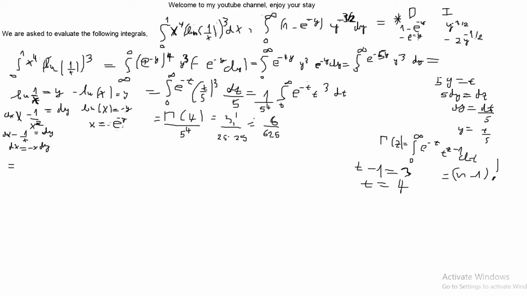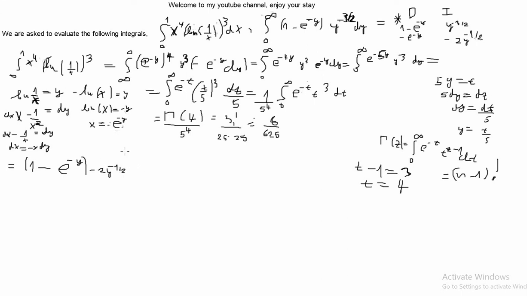Now let's see what happens. We get 1 minus e to the power of negative y, times negative 2 y to the power of negative 1 over 2.